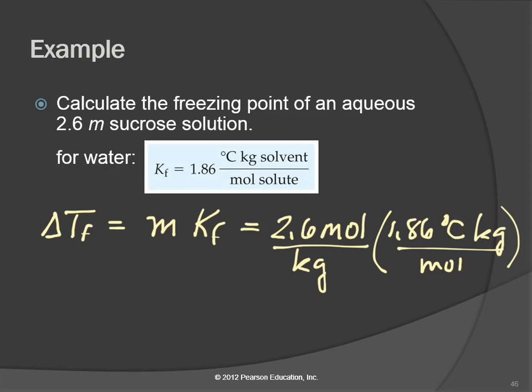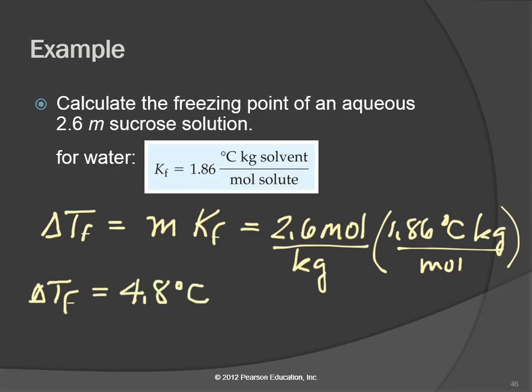So 2.6 times 1.86. So the change in the freezing point is 4.8 degrees.